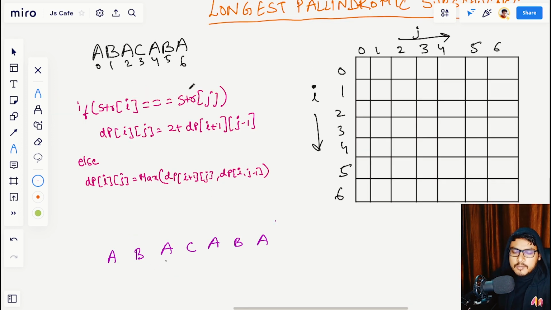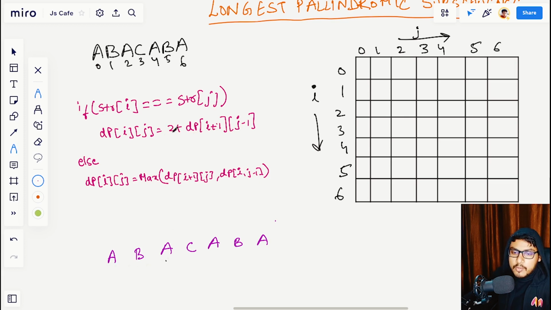Okay, so this algorithm states that if the characters at the ith and jth position are the same, we already have 2 characters that contribute to the sequence, which is 2, plus we want to find the maximum palindromic subsequence that was achieved in this particular region, which is I plus 1 and j minus 1.